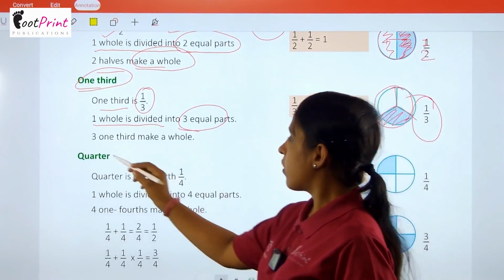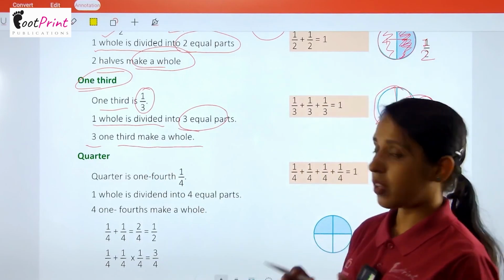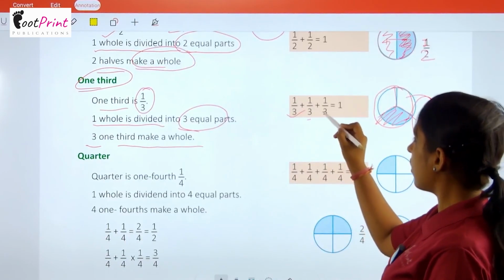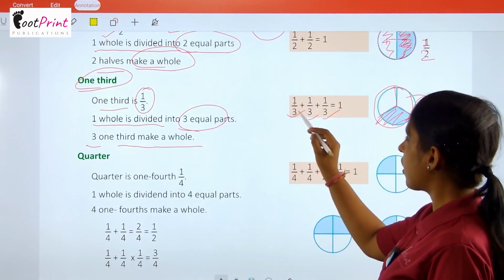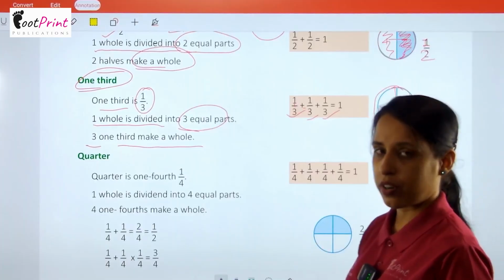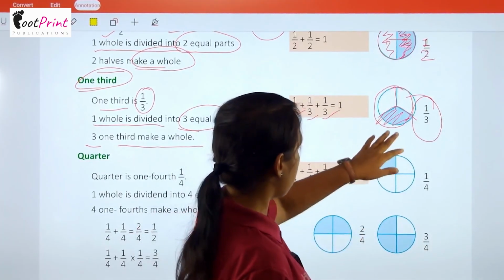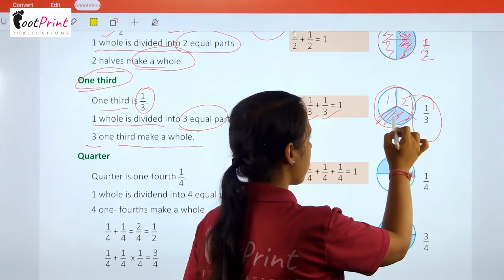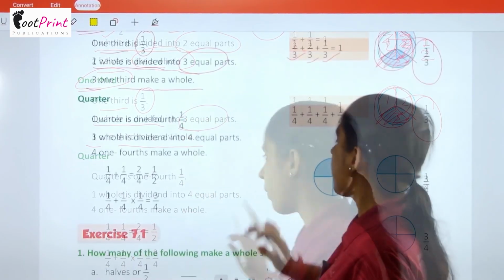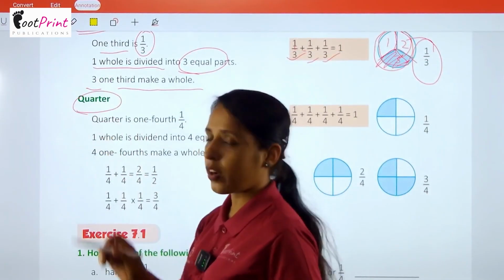So three 1/3 make a whole. When we join three 1/3 together, what will they make? A whole. Just here given the example, 1/3 plus 1/3 and 1/3 equals to 1. So it makes whole. When these are three parts, 1 2 3, we joined all three, what did we get? We got our whole.